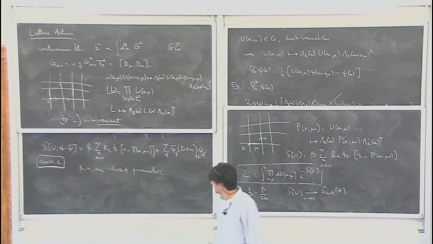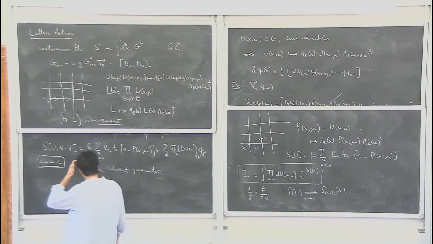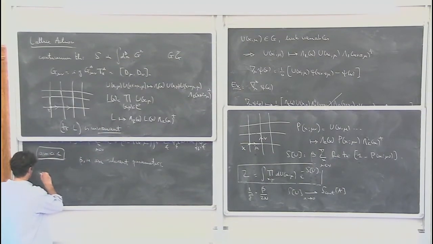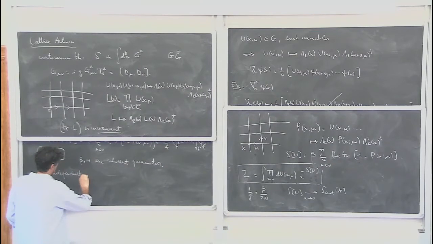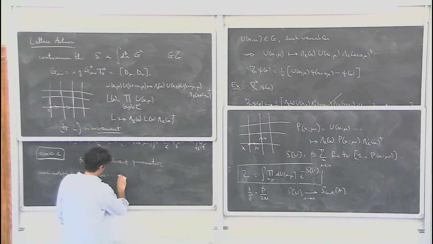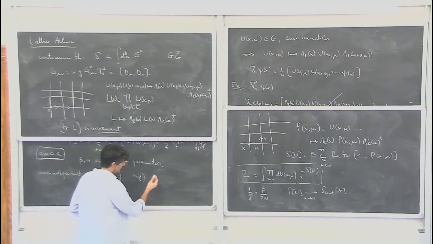Okay? So the way this is usually done is using so-called mass-independent schemes, which were introduced originally by Weinberg, where for a given value of g, we tune the bare mass in such a way that we reproduce some physical quantity.